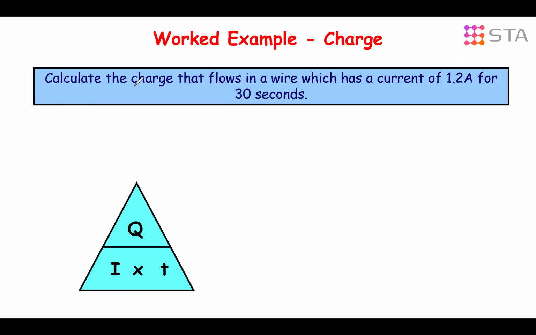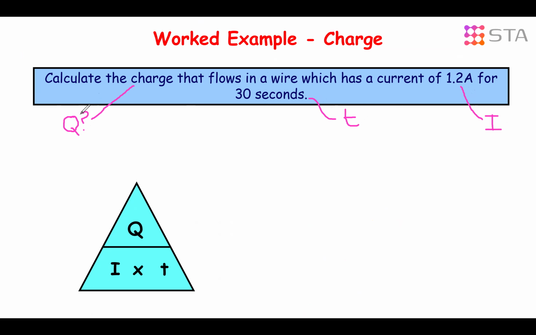Calculate the charge, that means you are after Q. That flows in a wire which has a current of 1.2 amps, that is I, for 30 seconds, which is T. Okay, now this is what you're after, Q.